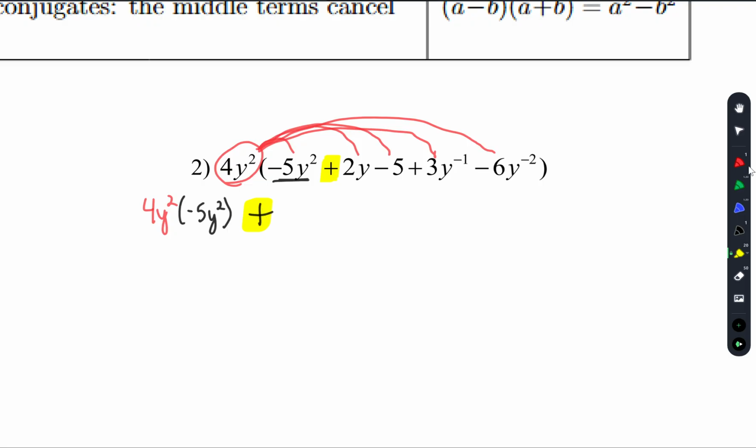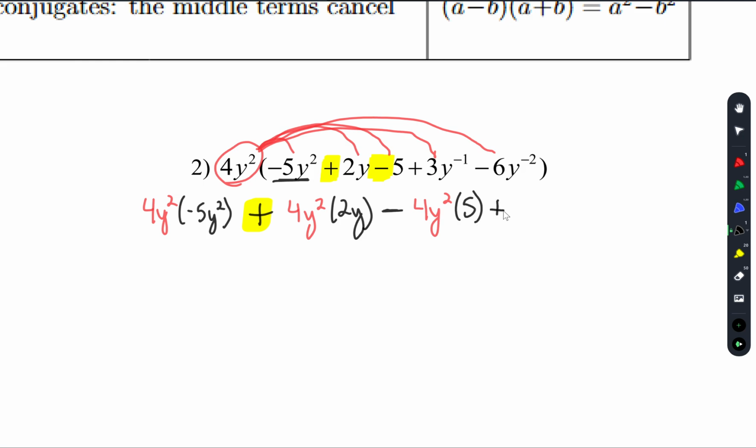Okay, so you're doing 4y squared times 2y. And then I'm going to keep the minus sign. Okay, and then you're going to do 4y squared. It's like you're writing 4y squared 1,000 times. Times 5.